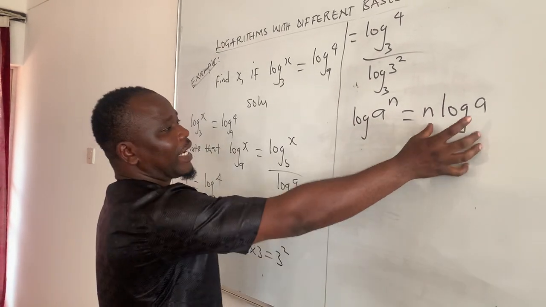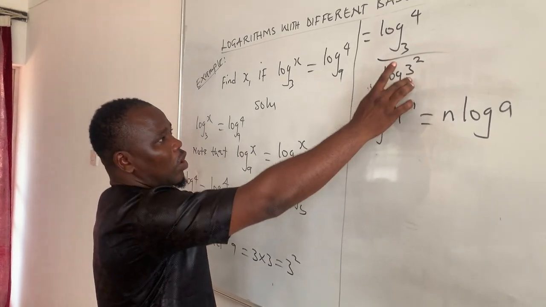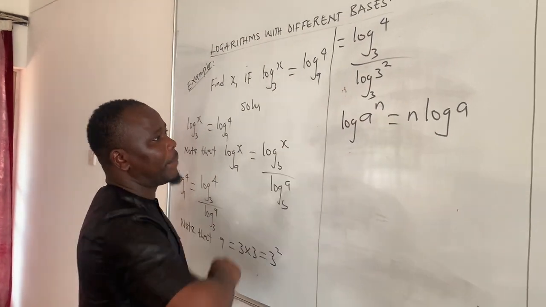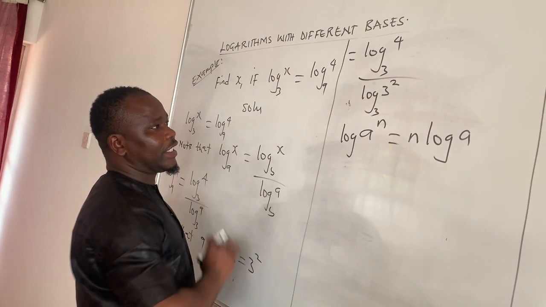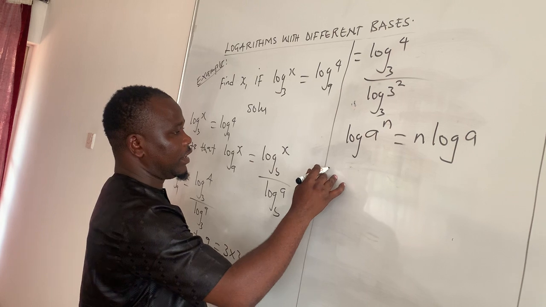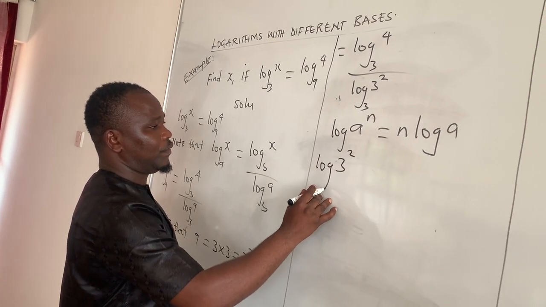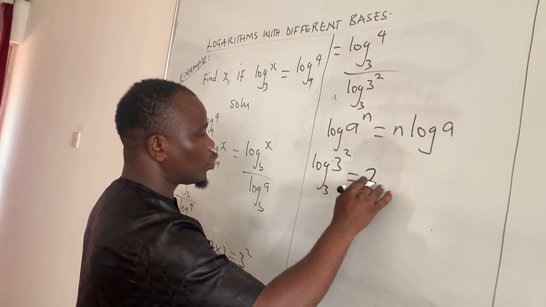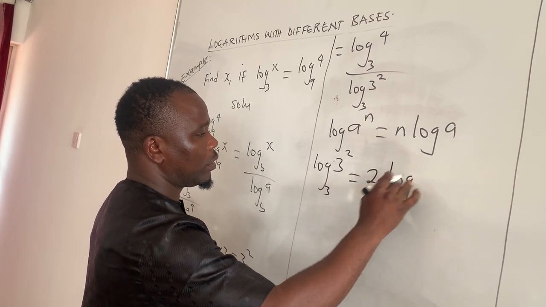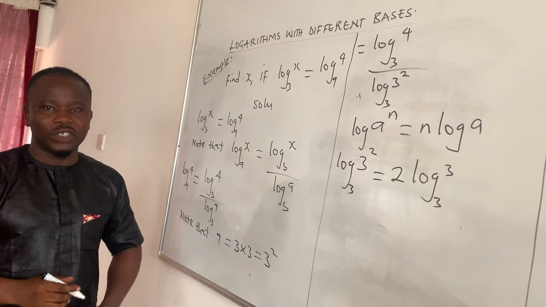So let us consider log 3 raised to the power of 2 base 3. We can rewrite it this way: log 3 raised to the power of 2 base 3 is the same thing as 2 log 3 base 3. Do you understand?